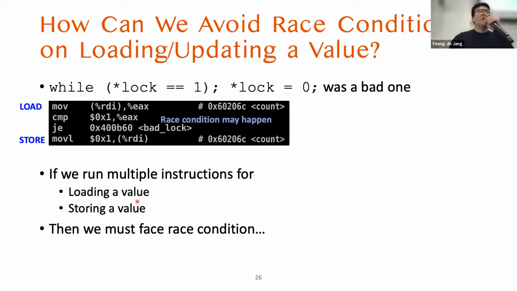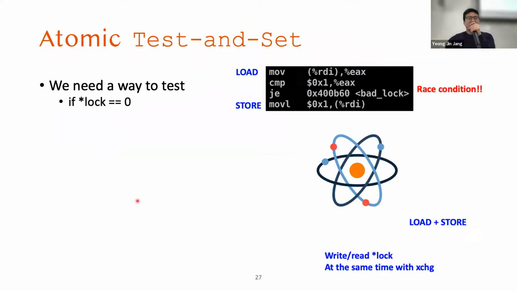So the important thing here is that we need to make the load and store a single instruction, so that no other thread or instruction can intervene in the execution. The CPU designers created a mechanism for that, and we call it test and set.